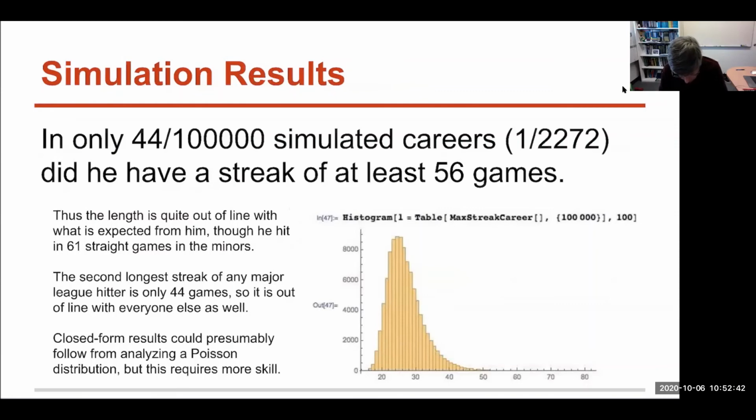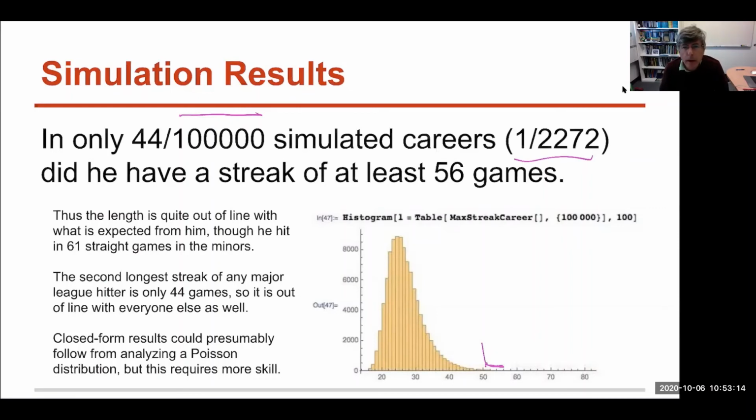If you had somebody who was as great a hitter as he was, and you simulated 100,000 careers for him, only in about 1 out of every 2,000 would there be an interval where he would get 56 or more hits in a row. That's why this is one of the most famous records, because it's so far out of what could have been expected of someone, even a great hitter, that people think it will never be beaten. Any questions?